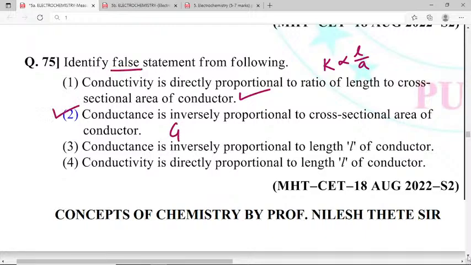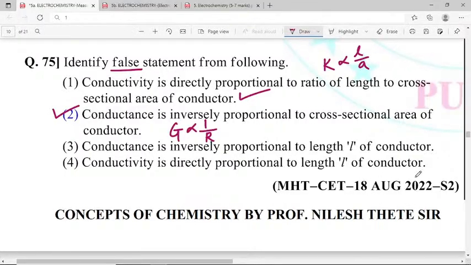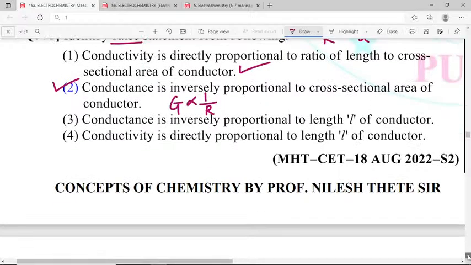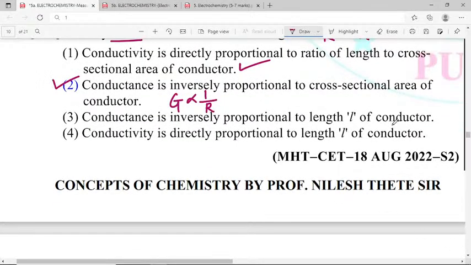Conductance G is inversely proportional to resistance. Conductance inversely proportional to length of the conductor, correct. Conductivity directly proportional to length of the conductor, correct.